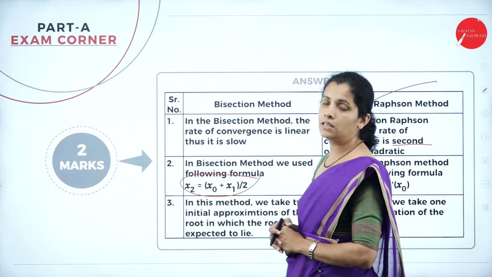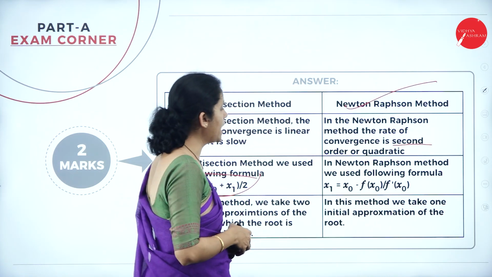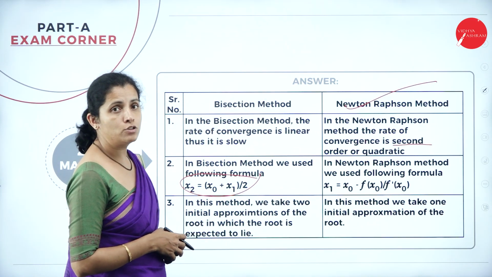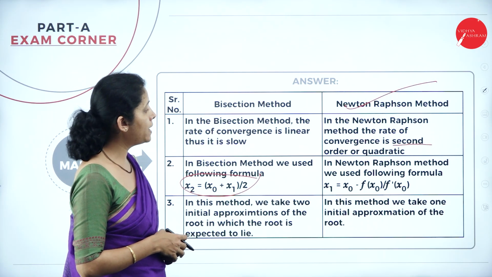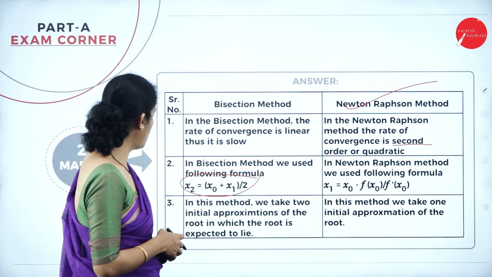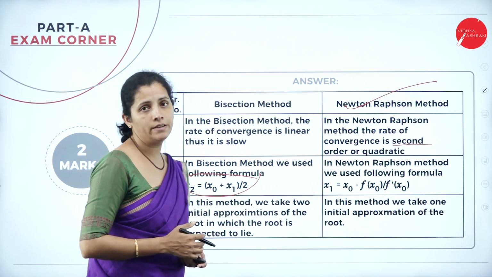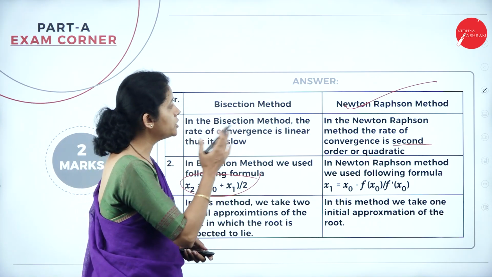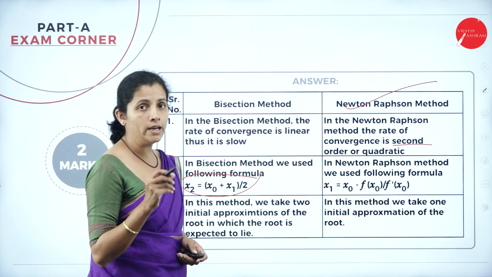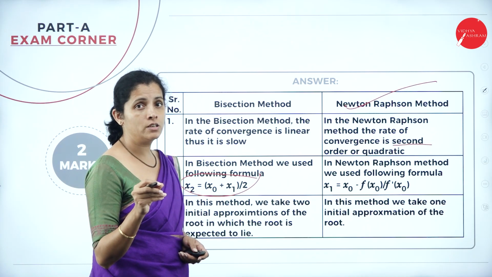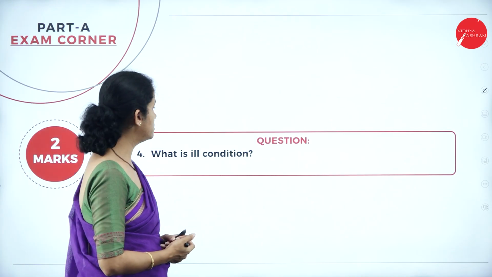Whereas if I consider Newton-Raphson method, I have the formula x0 - f(x0) / f'(x0). So these are certain differences between bisection method and Newton-Raphson method. So dear student, based on the question, you have to write the answer.